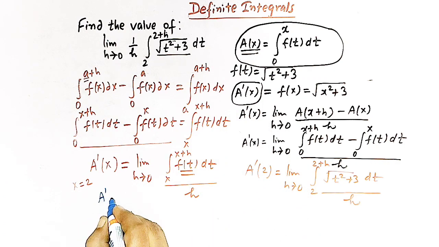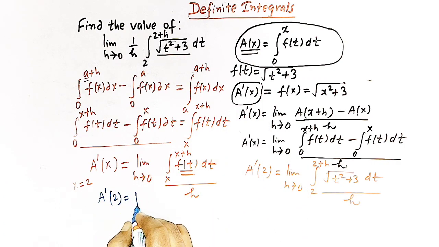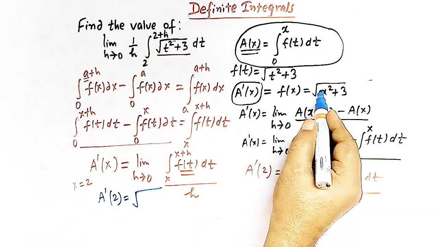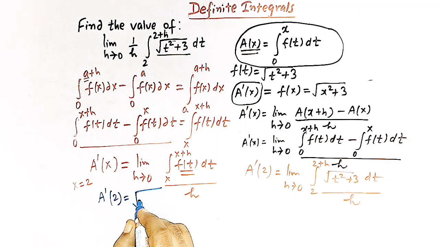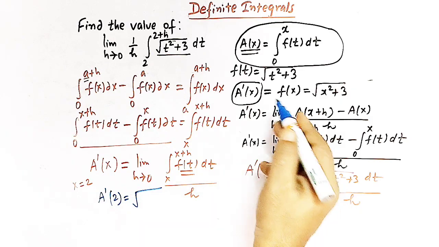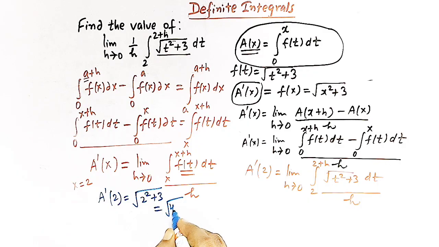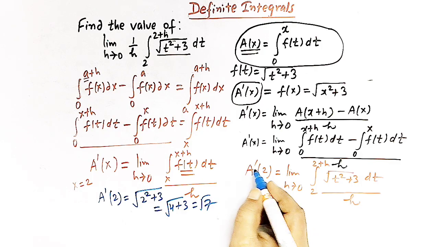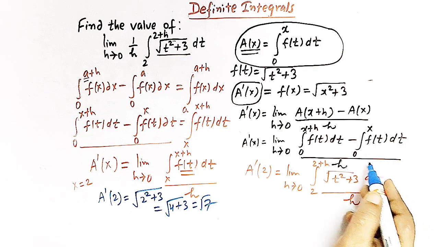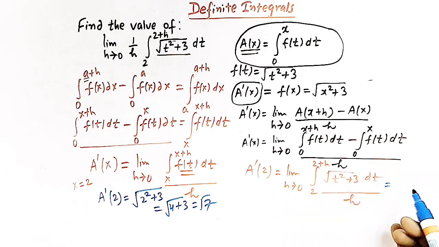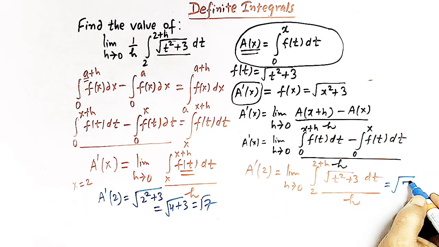So A prime of 2 is equal to square root of x square plus 3. So for x we have here 2, so this is square root of 2 square plus 3. So this is 4 plus 3, that is square root of 7. So A prime of 2 is equal to square root of 7, and this limit has the value equal to square root of 7.